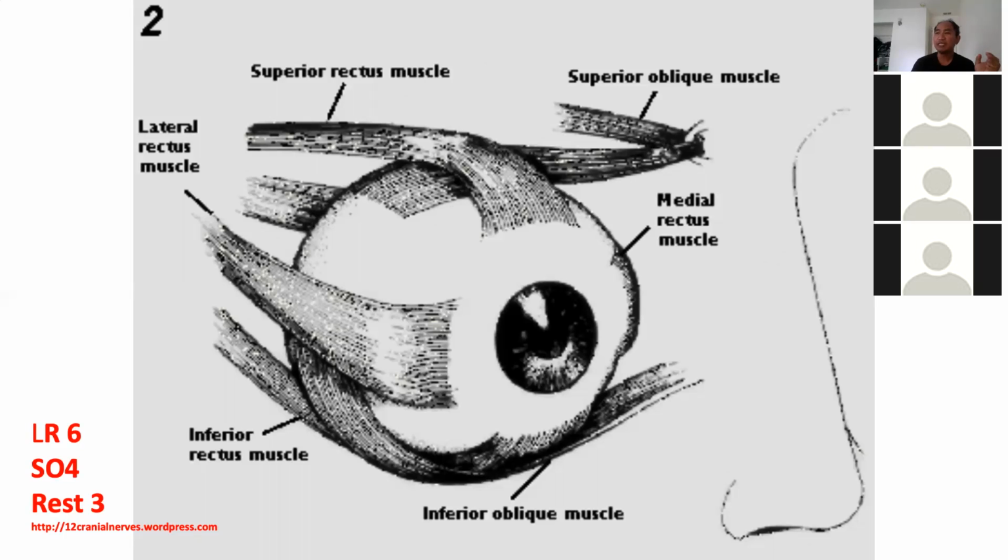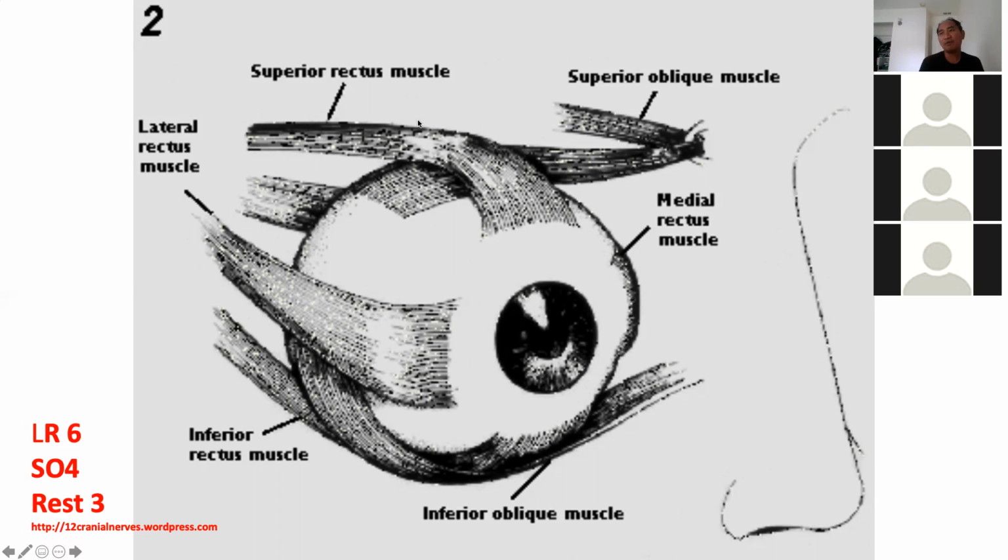External ocular muscle means these muscles are outside of the eyeball, and these external ocular muscles move the eyeballs. So we have 6 extraocular muscles. Look at the muscles here.